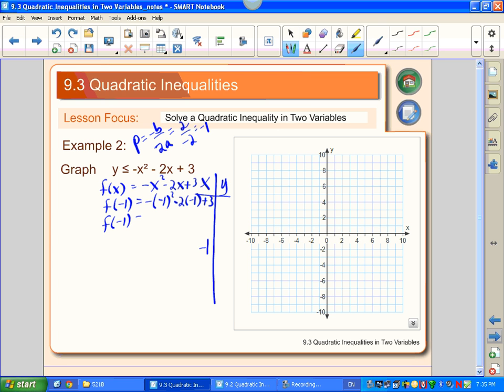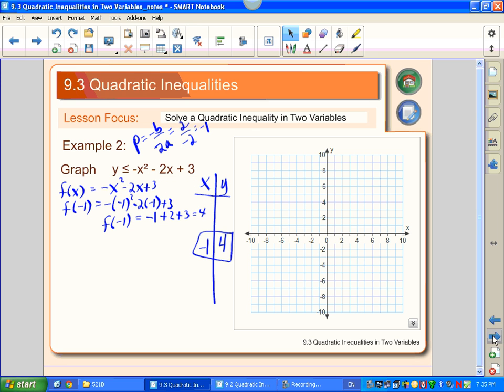This gives me negative 1 plus 2 plus 3, which is 4. So that's telling me my vertex is negative 1, 4. So that is using the concept of the P and the Q. These two things are combined together. Okay, so that's using the PQ. I'm going to erase that.